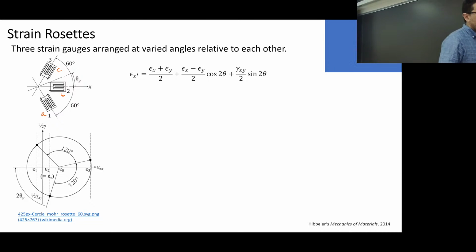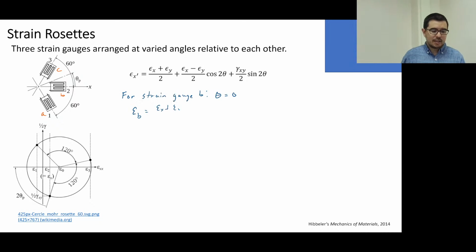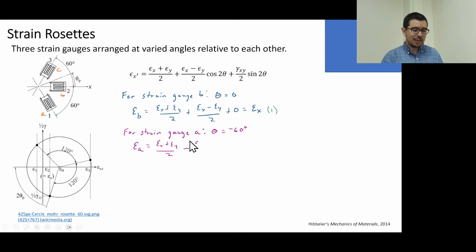Okay, so now what about the strain gauge where you have the 0, 60, 60? Epsilon b is equal to epsilon x. For strain gauge A, theta is equal to minus 60 degrees. Yuckiness ensues. Okay, you see that?